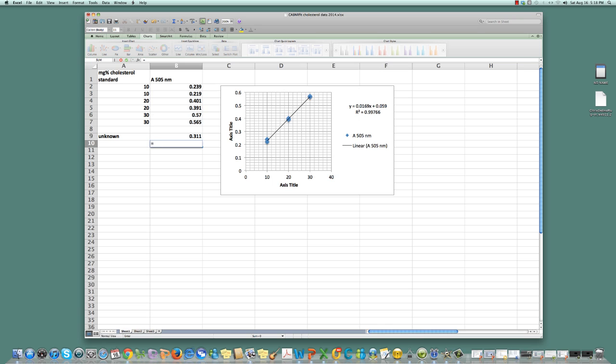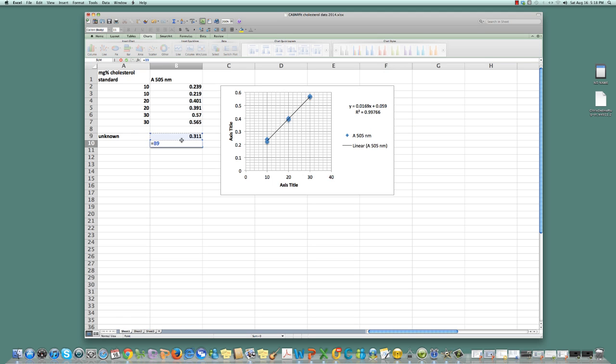So this cell here equals this cell, so this is y rather, and in order to get x, what we're going to need to do is rearrange this equation, so it'll be y minus 0.059 divided by 0.0169. So we can enter that equation in here.